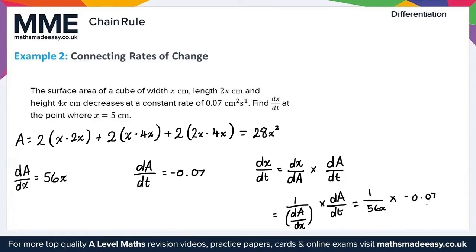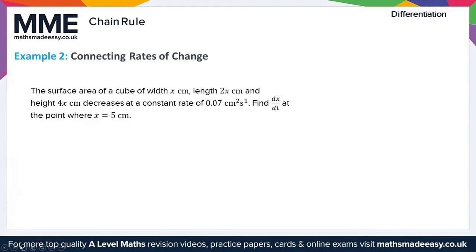If we clear this first, just so we've got enough room, we can write this as being equal to minus 0.00125 over x. So this is dx by dt.